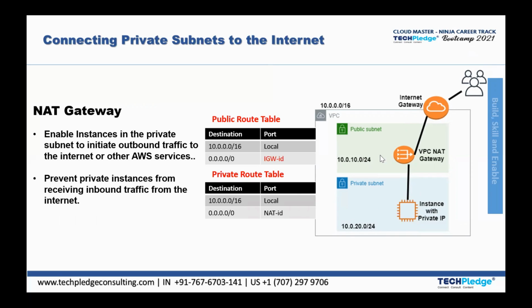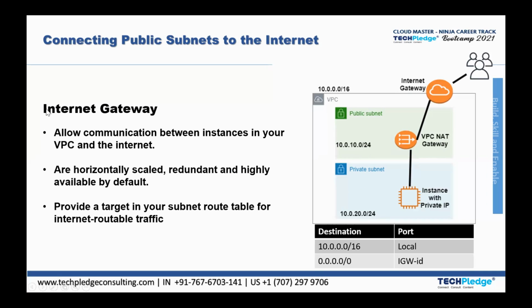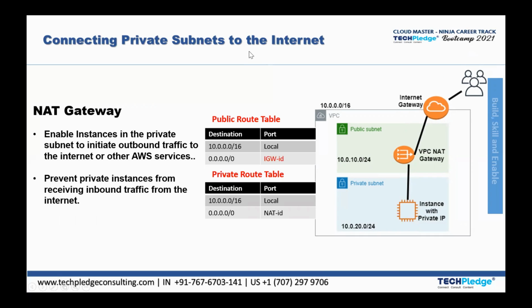Now this is connecting private subnets to the internet. In the previous slide, we talked about the internet gateway. Now we will be talking about the NAT gateway. Consider the same example. We have the public and private route tables. This is our same machine. This is our NAT, and this is our IG, the internet gateway.